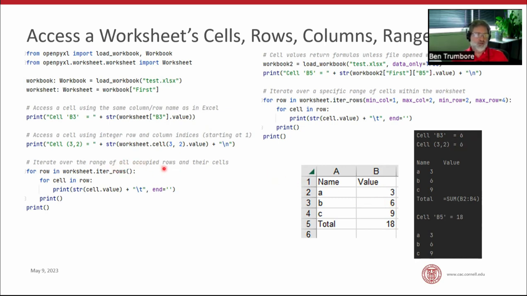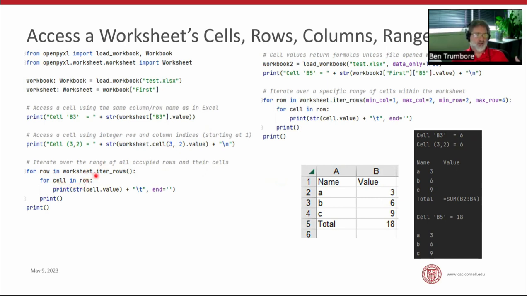You can iterate over a range of cells. The worksheets provide an iterator that will return all of the rows or all of the columns. There's an iter_col iterator as well. And then from that row or that column, you can iterate over all the cells.